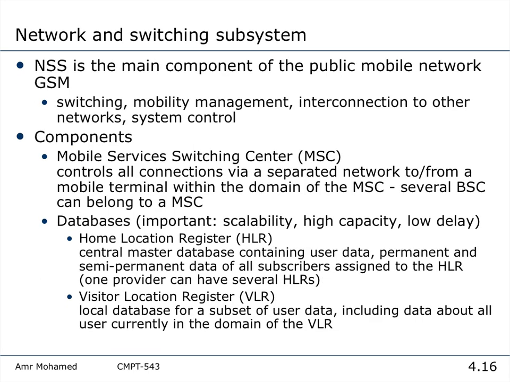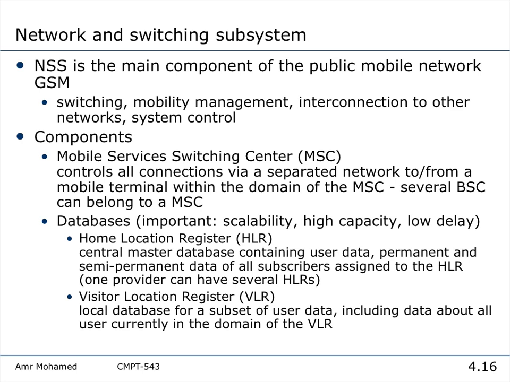We have the network and switching subsystem, which is the MSC. The network and switching subsystem here contains the MSC and all the location registers, which are the home location register and visitor location register. Okay? The MSC is, as we said before, like the brain of the entire system. This is the one that interfaces with many components.